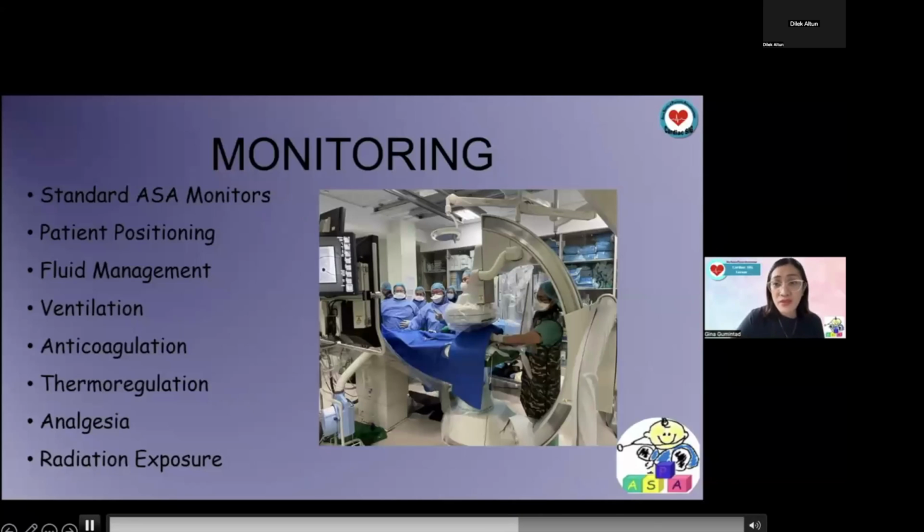Sometimes opioids can also be required, and just a little loading dose prior to finishing the procedure. Another thing we need to consider in the Cath Lab when handling these cardiac patients is radiation safety. As you can see here in the picture, the anesthesiologist, this is me, is very close to the radiation, so we really need to suit ourselves the best way we can to protect ourselves.